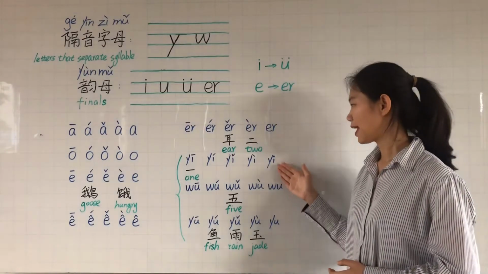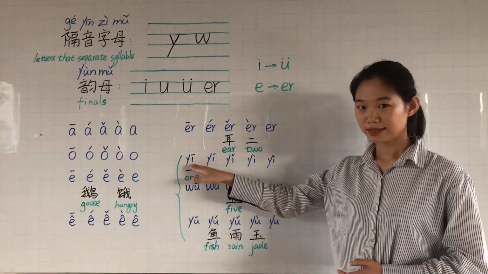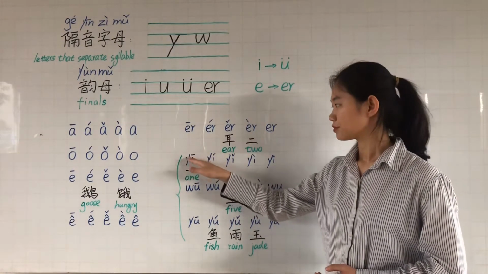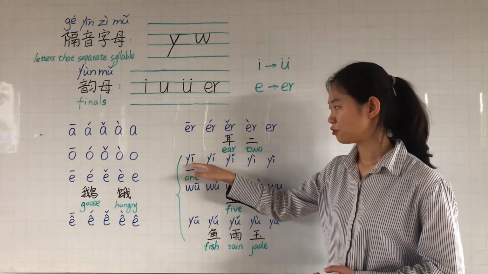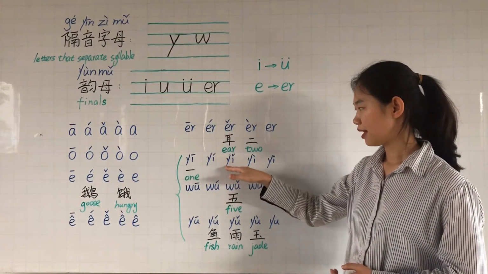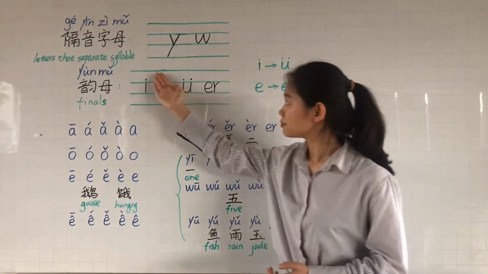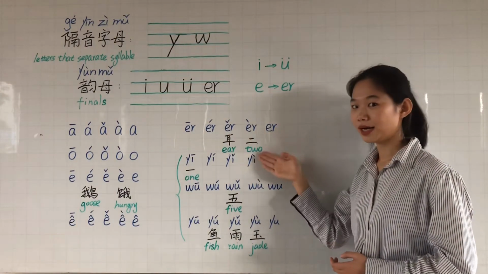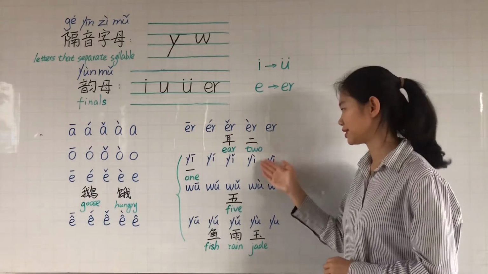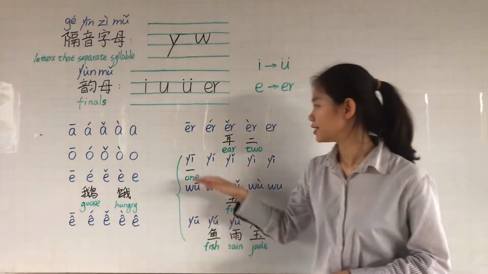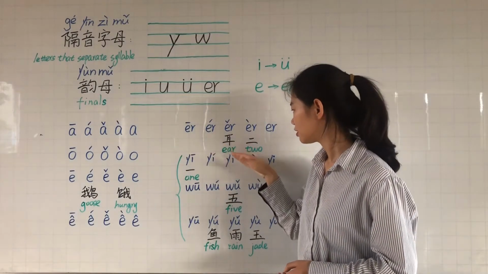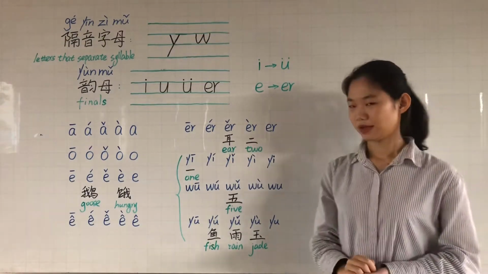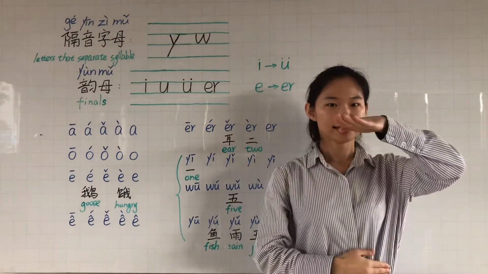The first one, when i forms a syllable by itself, we just add y before i, and remove the dot over i, but not including the neutral tone. And put the tone mark on it. Please repeat after me.